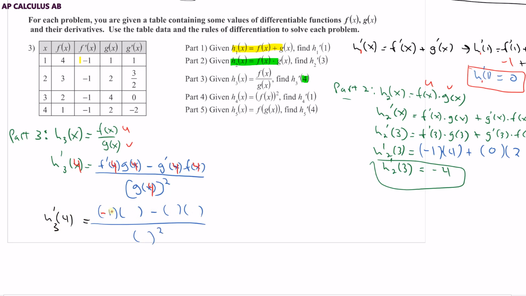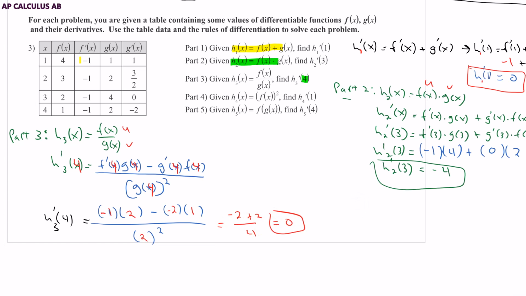So f prime of 4 is negative 1, g of 4 is 2, g prime of 4 is negative 2, f of 4 is 1, and then on the bottom it's g of 4, and then we square that, so g of 4 is 2, that's going to be squared. And if we do all this, it's going to be negative 2 plus 2 over 4, which is 0, right? So part 3 is 0.